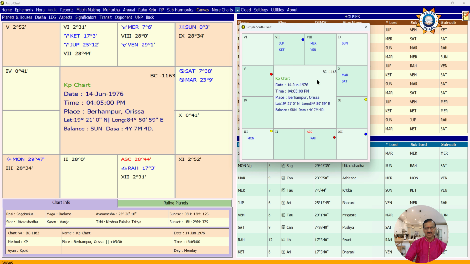So in the Rashi Chakra, the KP cuspal chart, there is a movement of planets. For example, Mercury has moved from the 8th house and gone to the 7th house. So when you consider the KP analysis, or the KP cuspal chart as it is called, we have to consider that Mercury is in the 7th house and not in the 8th house.